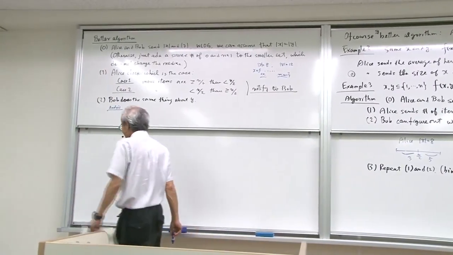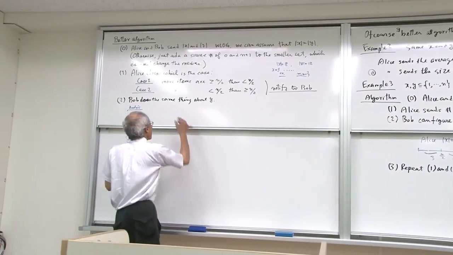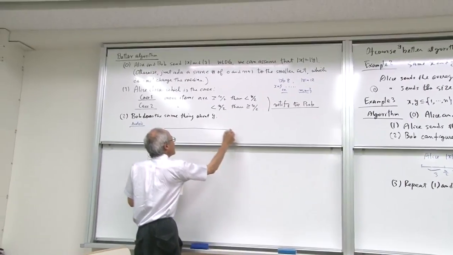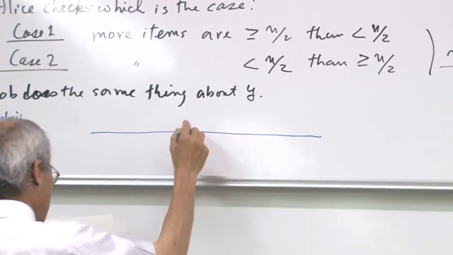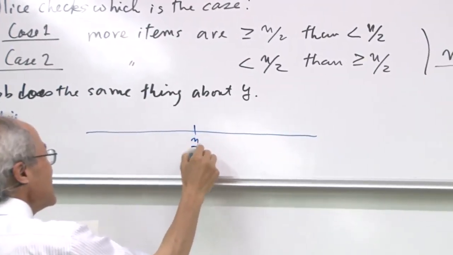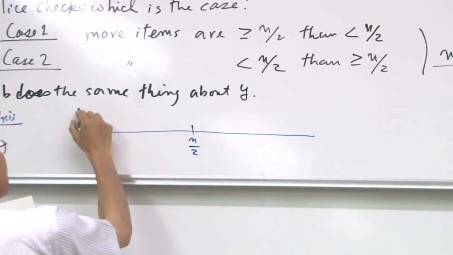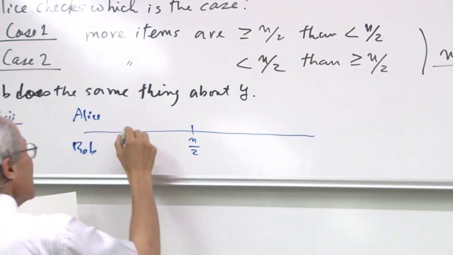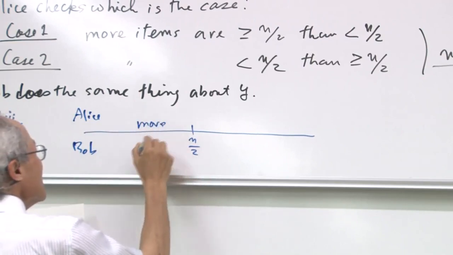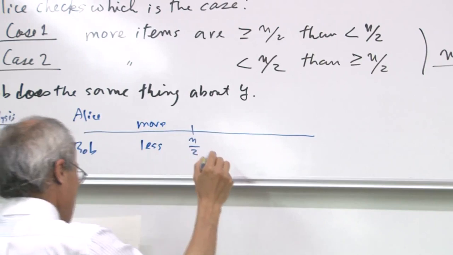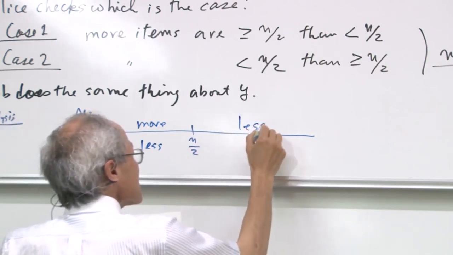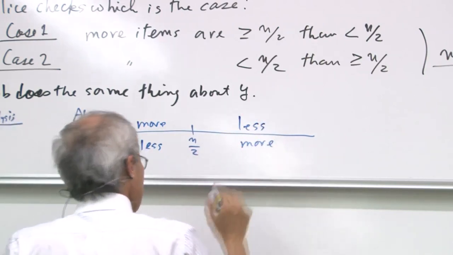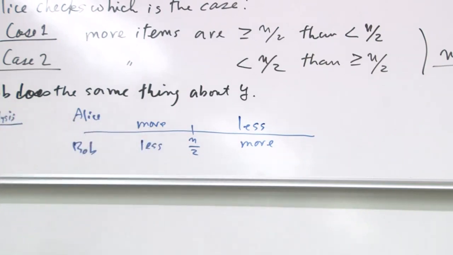For example, this is one possibility. Okay, this is one possibility.